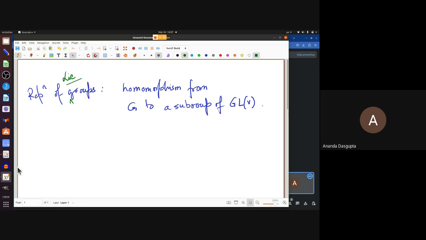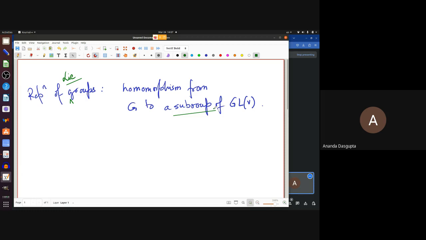They just say a homomorphism from G1 to G2 is a map which takes elements of G1 to elements of G2 in such a way that phi of g1 g2 is phi g1 times phi g2. Now, if we were to use that definition of the homomorphism, we could just as well drop the subgroup part of this statement. You could just say it's a homomorphism from G to GLV if you're talking about a representation of group G.